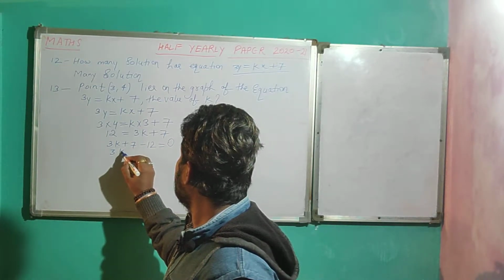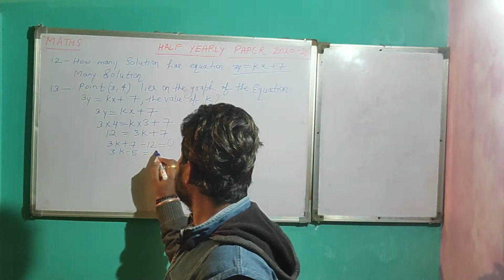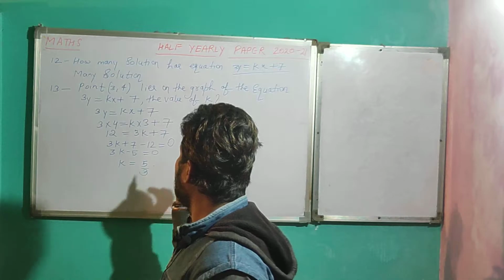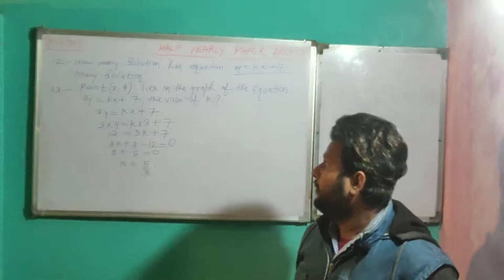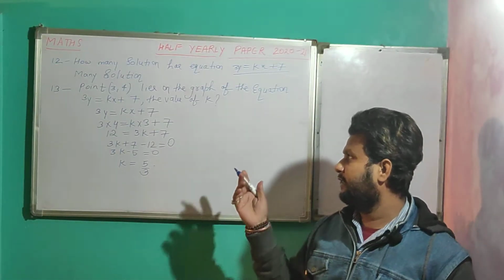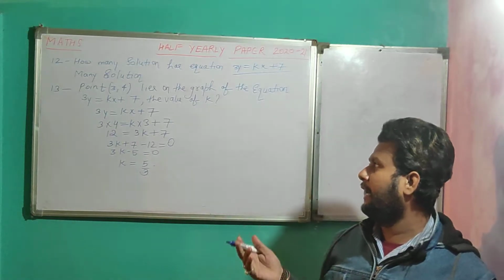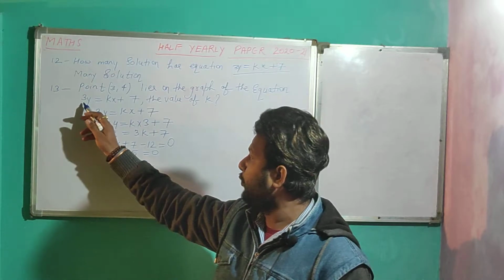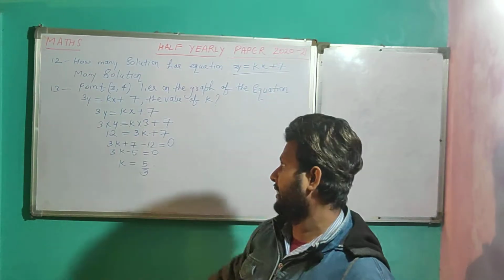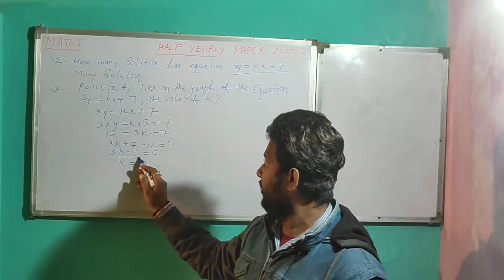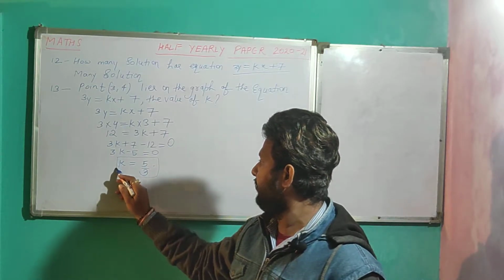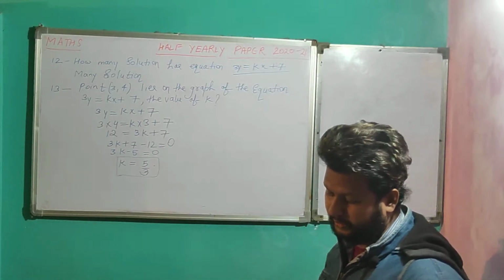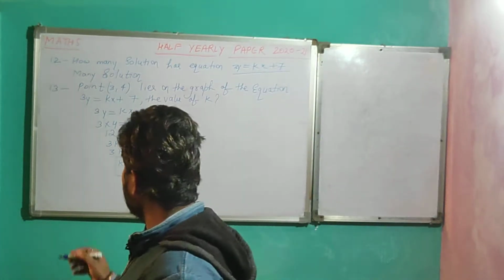Therefore, 3k - 5 = 0. Therefore, k = 5/3. That means if the point (3, 4) lies on the line with the equation 3y = kx + 7, then the value of k will be 5/3.